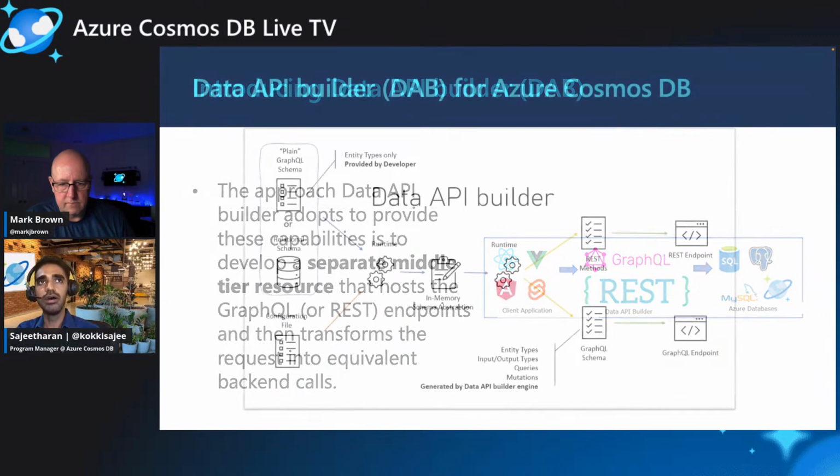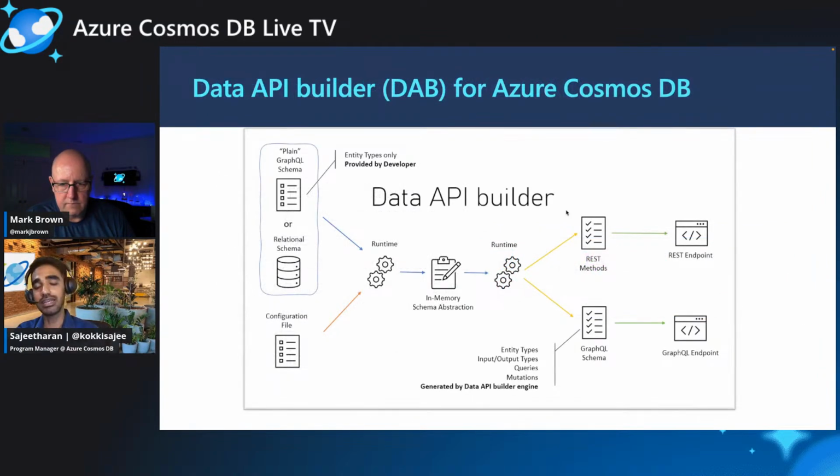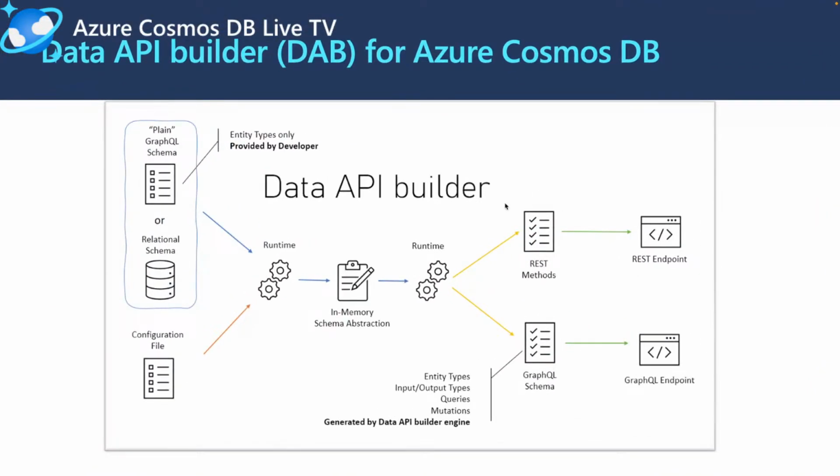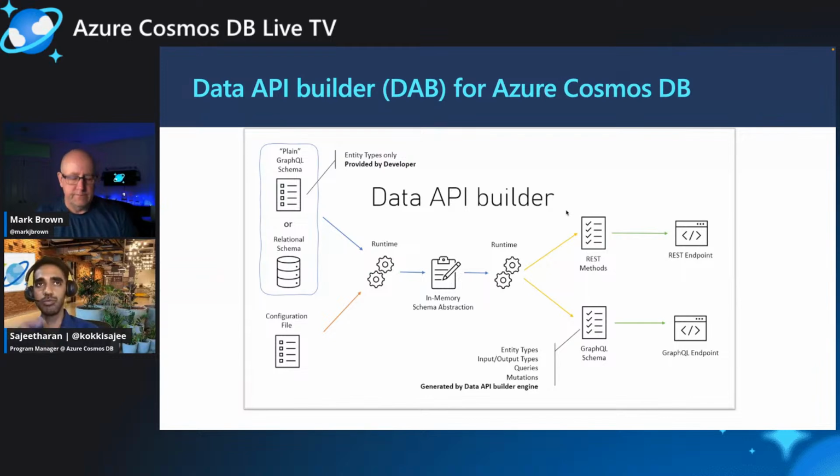If we talk about the architecture of Data API Builder, this is the end-to-end experience. The developer has to provide a configuration file, which contains the metadata about the entities, the database that you want to access, and some of the developer experience provided as metadata. Then for Cosmos DB, you have to provide an additional file, called a schema, which we described earlier, which is the structure of the collection that you want to access.